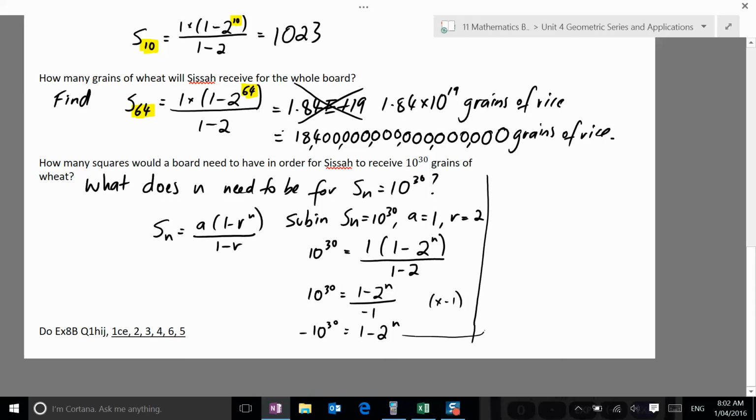Moving up here to continue. Just to be systematic, I'll subtract 1 from both sides. So minus 10 to the power 30 minus 1 is minus 2 to the power n. I'll divide both sides by minus 1.